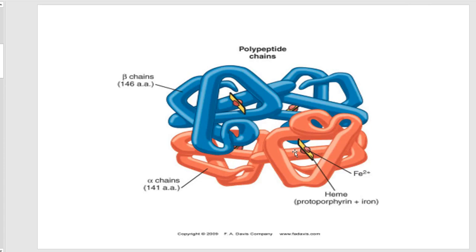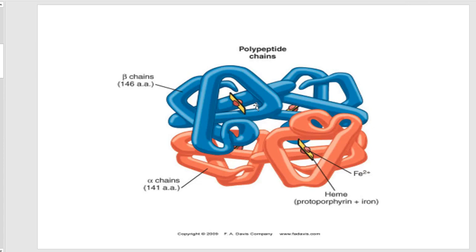This is the quaternary structure of hemoglobin. It's an example of a polymer. It's formed of 4 subunits. Each subunit is a polypeptide chain, which is similar to the polypeptide chain in myoglobin. It's folded into 8 alpha helices from A to H, and it's formed of 2 alpha chains and 2 beta chains.